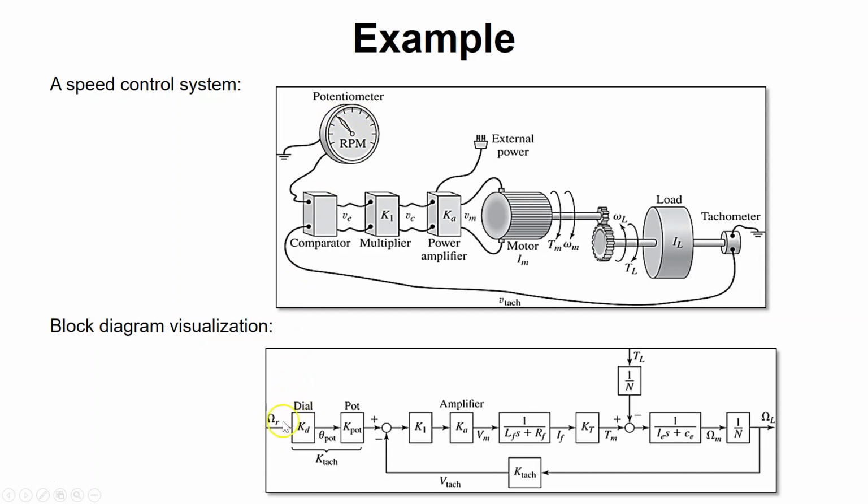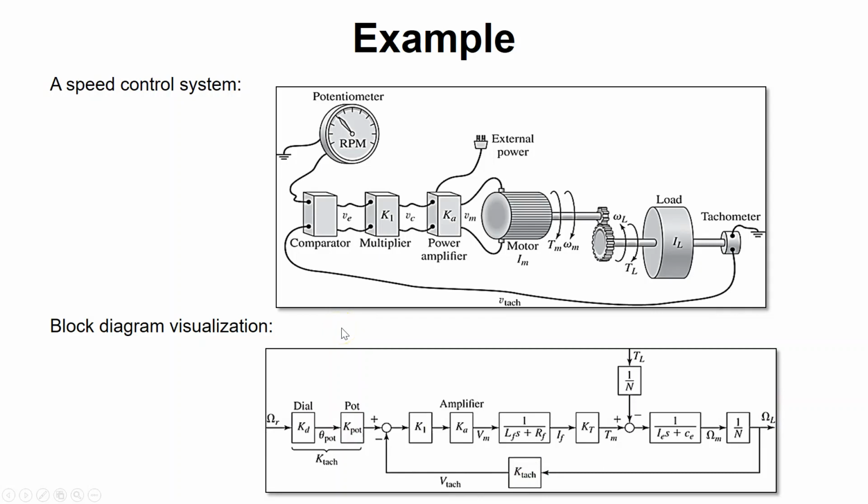So there is a dial gain to give you an angle, and then the angle proportional to that will be a gain that will give you a voltage. Okay, so the product of these two, we call it gain K of the pot, actually. So it's K of tachometer. And we set them to be equal to K of tachometer because we want these two angles to be subtracted from the same thing multiplied by the same gain.